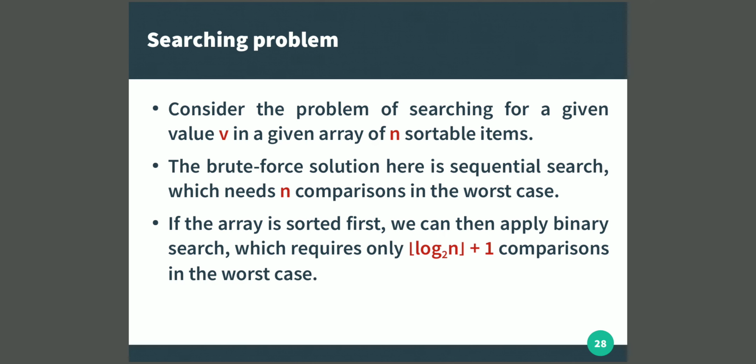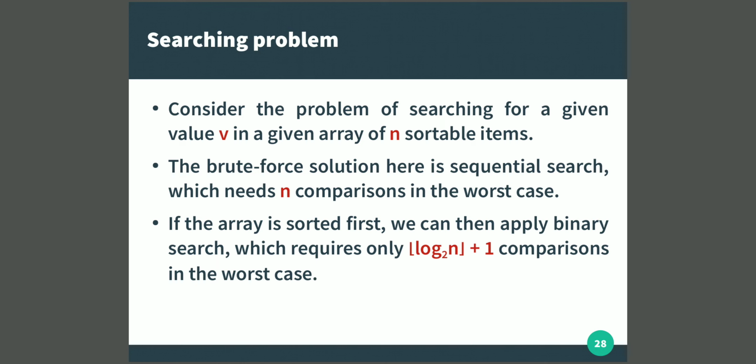The third example that we consider is an already well-known example. Consider the problem of searching for a given value v in a given array of n sortable items. In the brute force approach, what we do is employ sequential search. If I want to find a key element among n elements, I simply start comparing with the first, second, and so on.